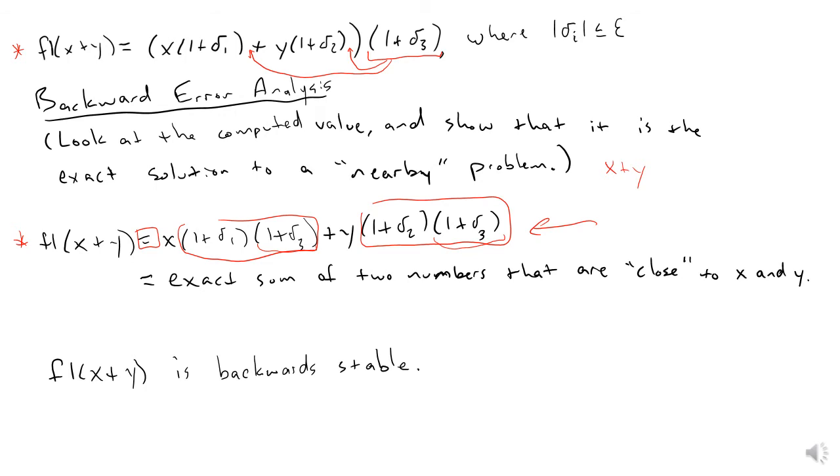Now, I know that this idea of forward error analysis and backward error analysis is kind of strange when you first see it. I know for me personally, I had to read and reread this section several times because even though I've seen it before, I had to pay attention to the details and try to make sense out of what the book is saying.